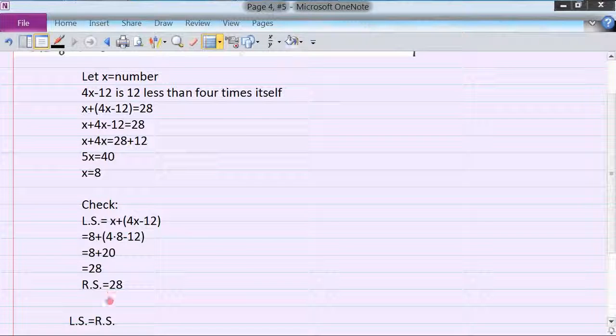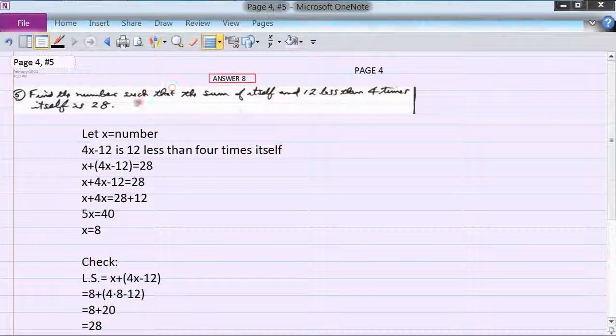That's right here. Left side equals right side, so this must be the right solution. I mean, you can do it in your head here. You find a number such that the sum of itself, 8, and 4 times 8 is 32, less 12 is 20. 8 and 20 gives you 28.